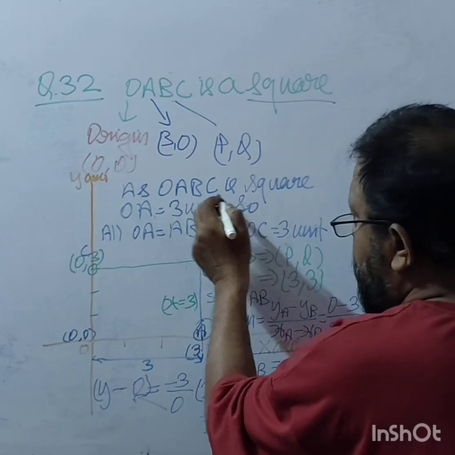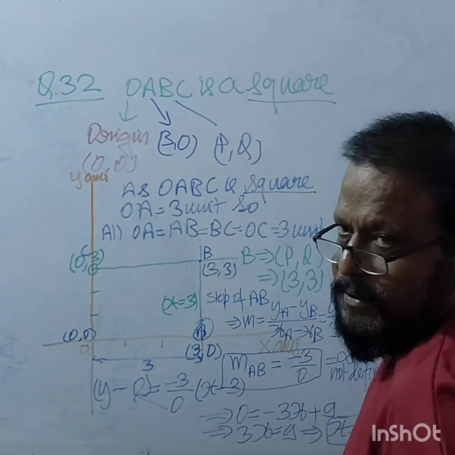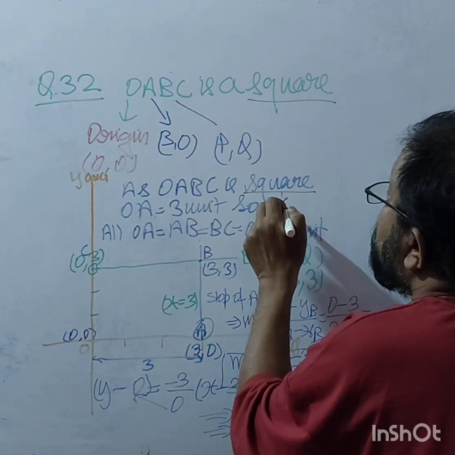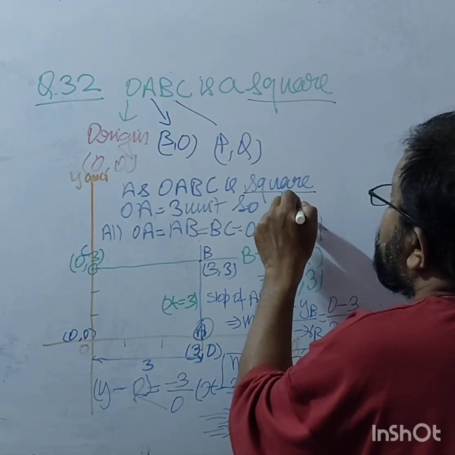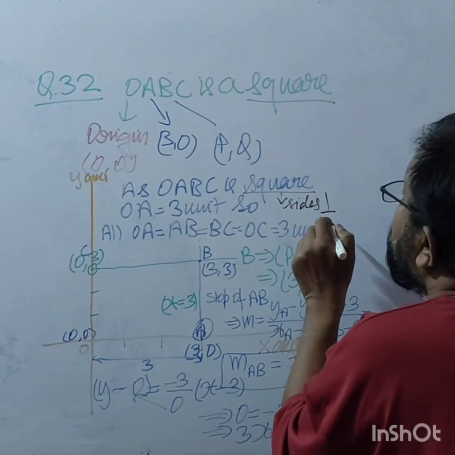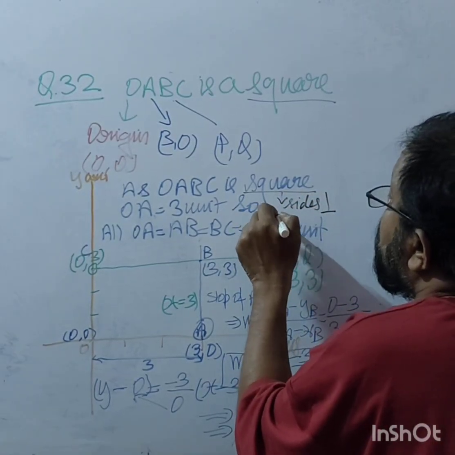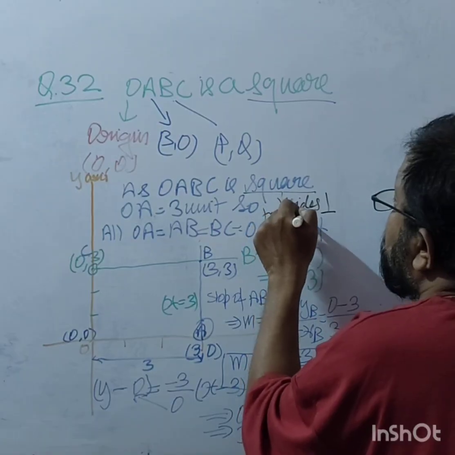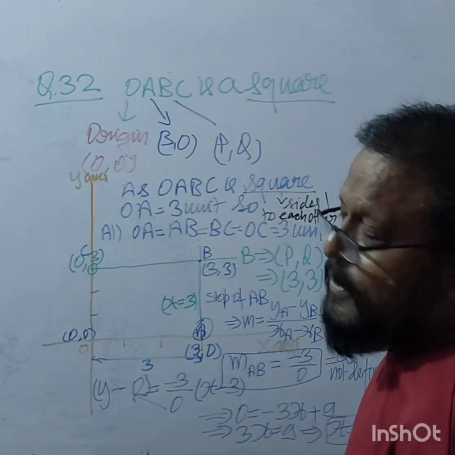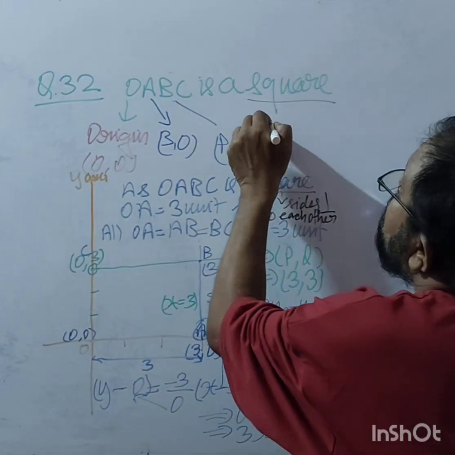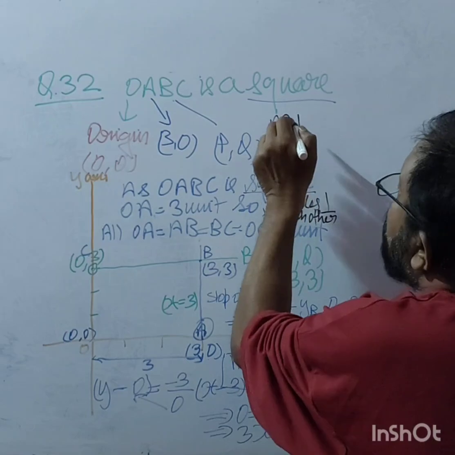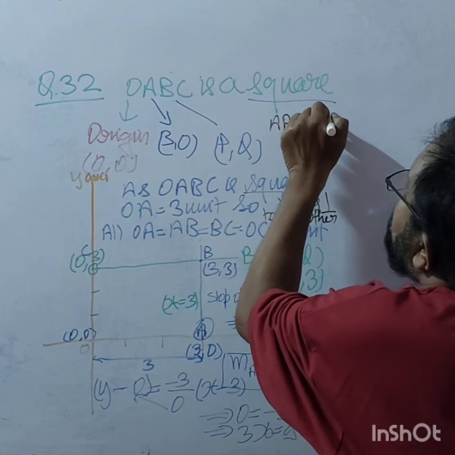Now OABC is a square, so sides are perpendicular to each other, right? So AB is perpendicular to BC.